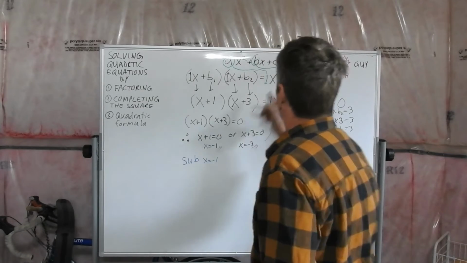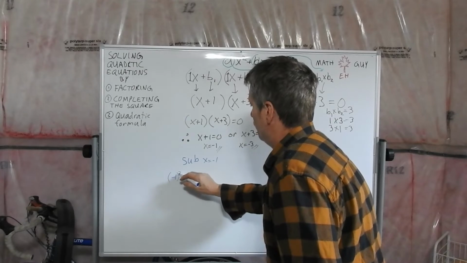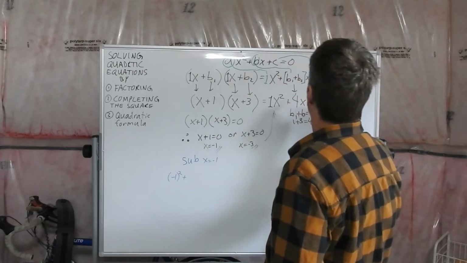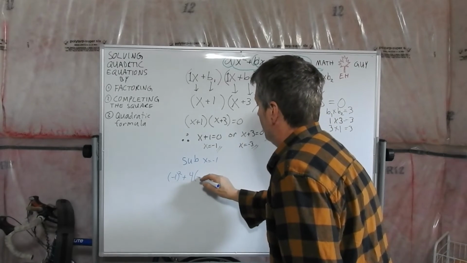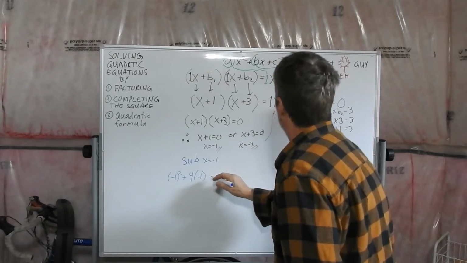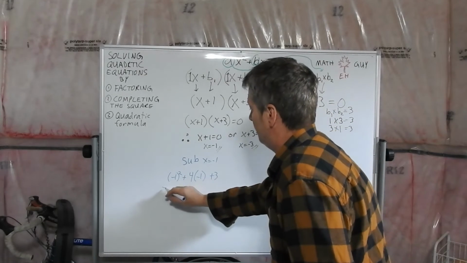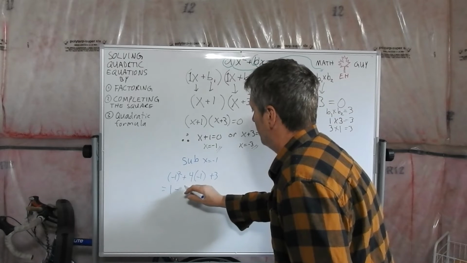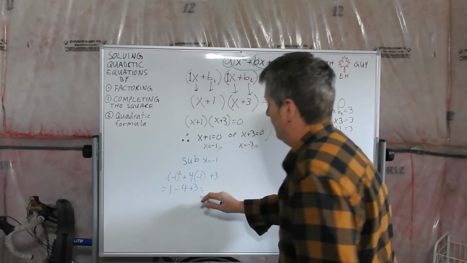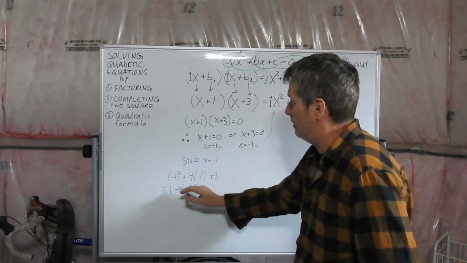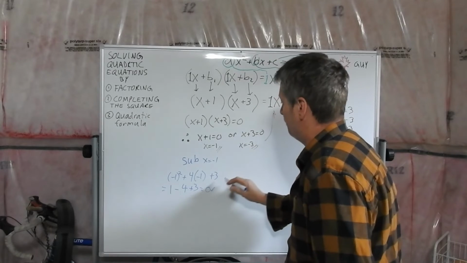So we would have negative 1 squared plus 4 times negative 1 plus 3. And that would give us 1 minus 4 plus 3. And I think you can do that in your head. 1 plus 3 is 4, minus 4 is 0.